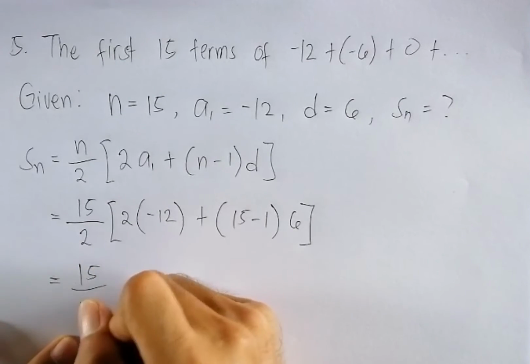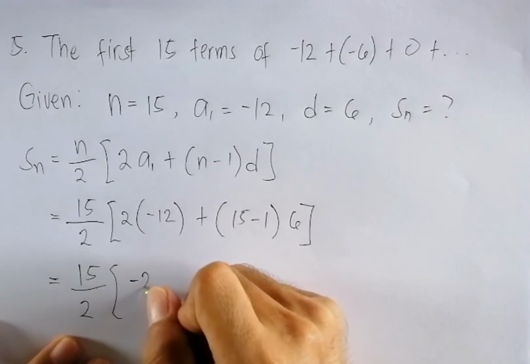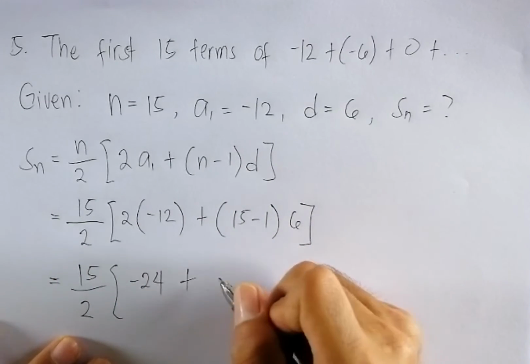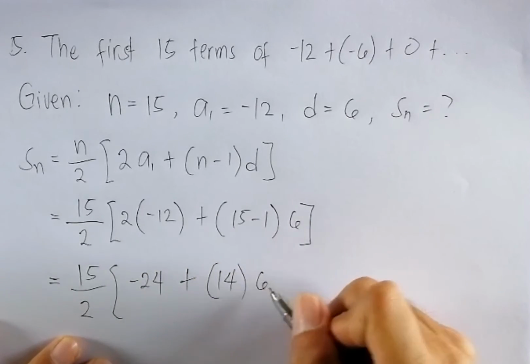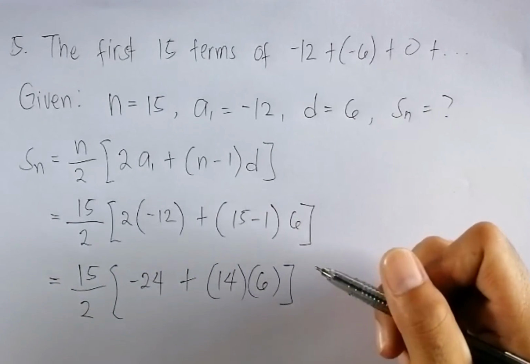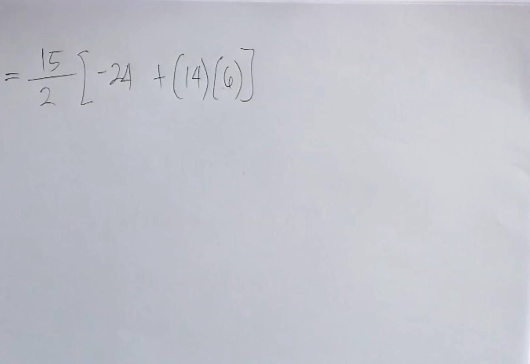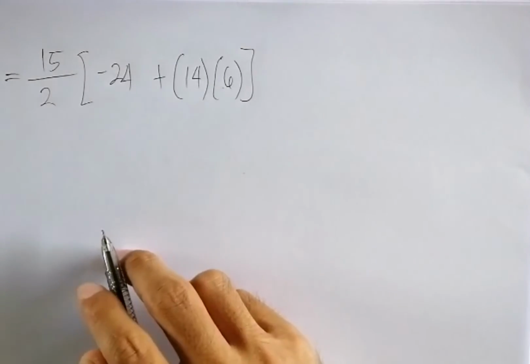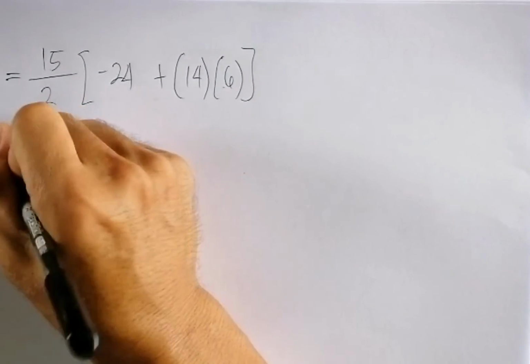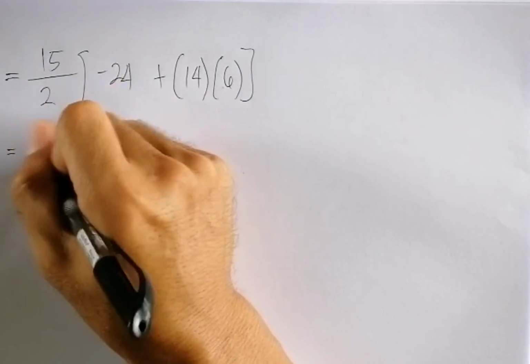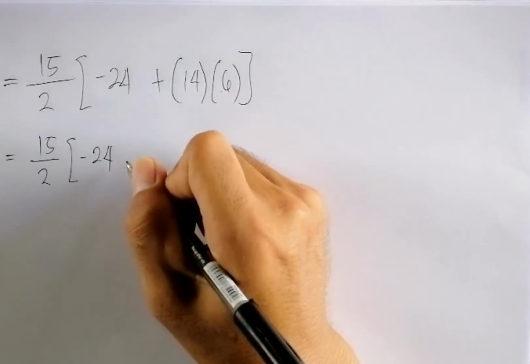So copy first 15 over 2, since 15 is not divisible by 2. Then multiply 2 times negative 12, that is equal to negative 24. 15 minus 1 is 14 times 6. So simplify. So we have 15 over 2 and negative 24 plus 14 times 6.